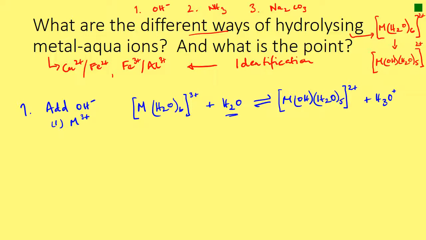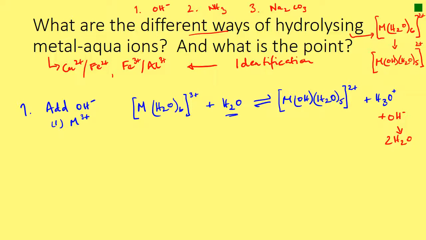But let's say we add some hydroxide. If we add some OH minus, then the hydroxide is going to react with the hydroxonium ion, and that's going to make 2 water molecules.